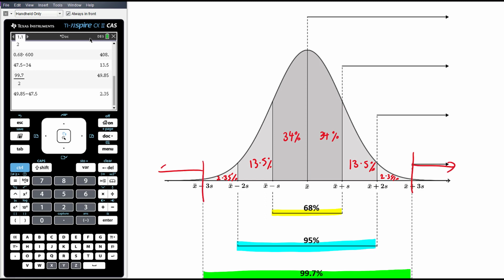From here to here that's 99.7%, which means there is 0.3% left to be shared between either side. Dividing that by 2 for the symmetry means we have 0.15 out here and 0.15 out here.